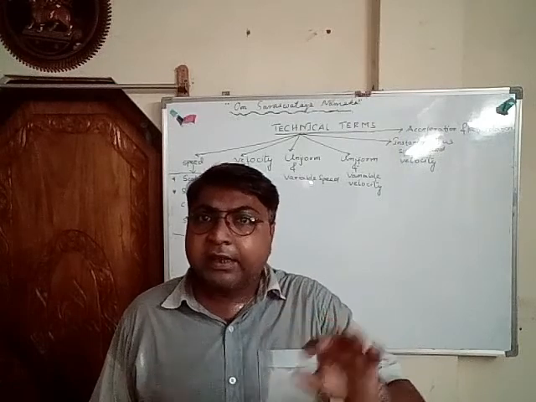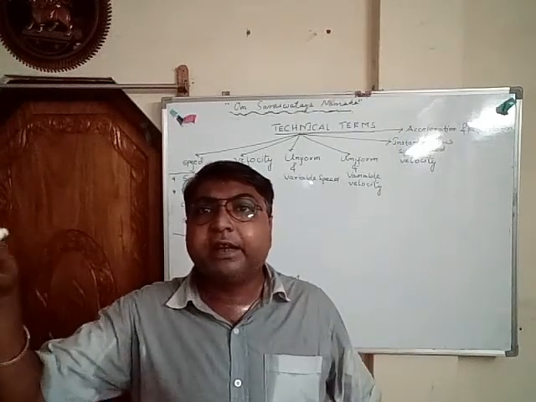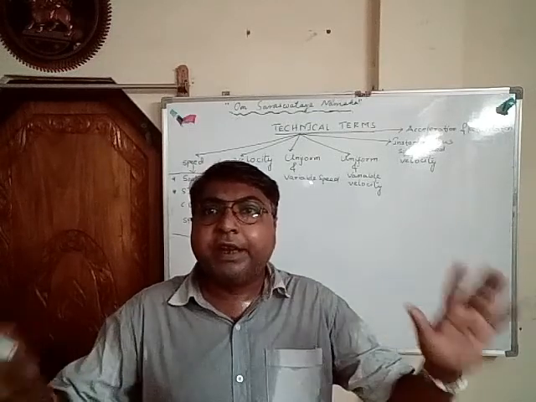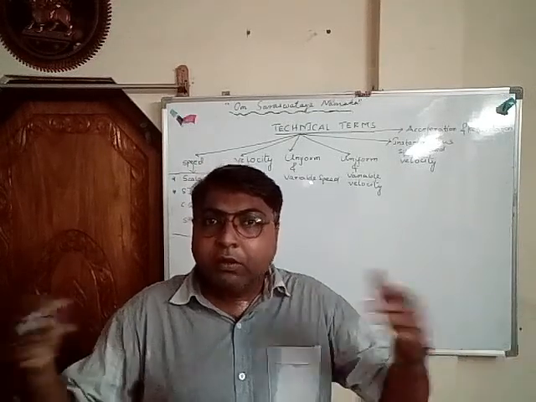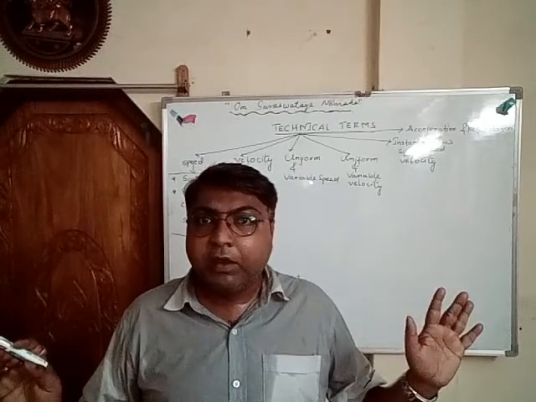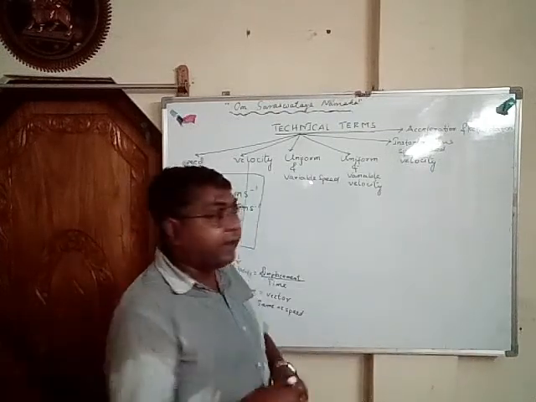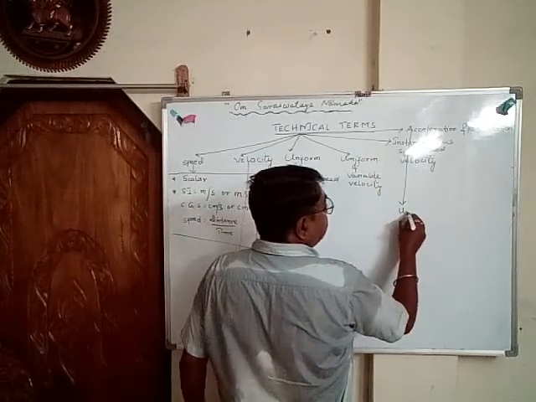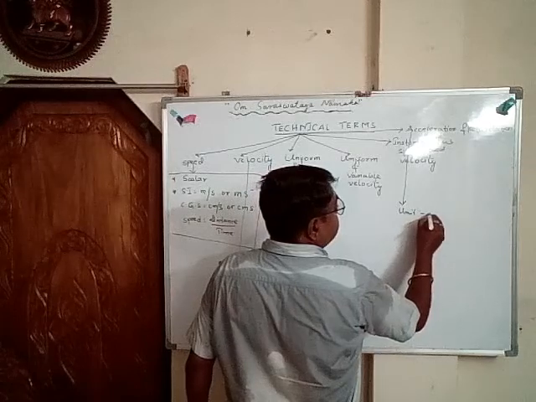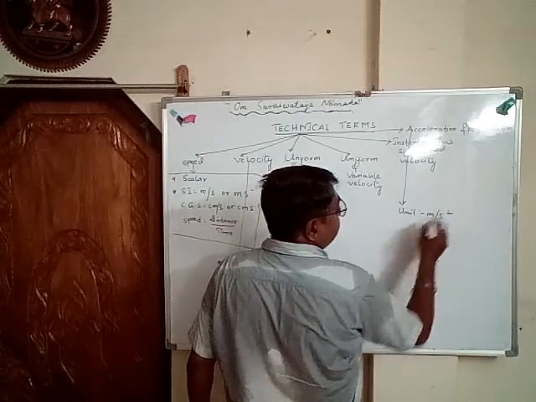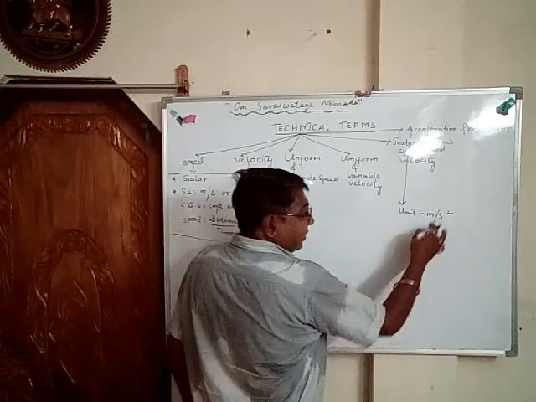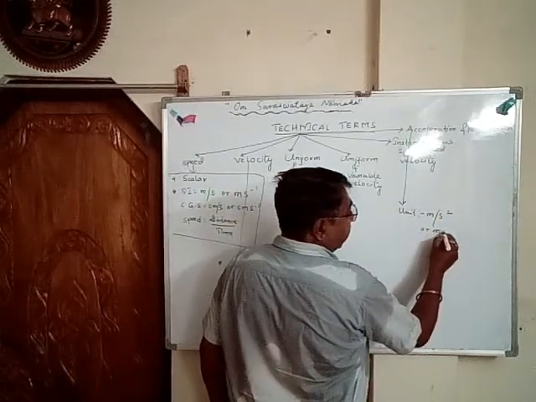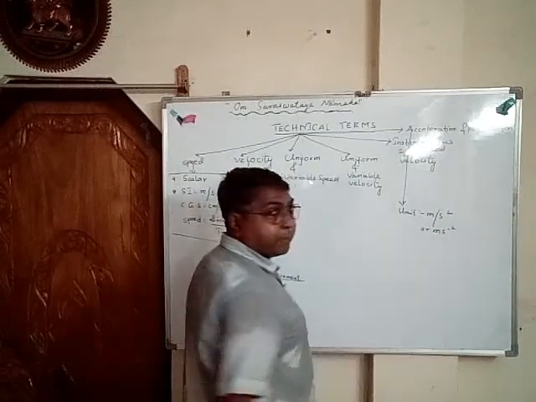Formula: when I say rate, it means velocity divided by time. Now what will be the unit of acceleration? Its unit is meter per second square, m/s², or ms to the power minus 2.